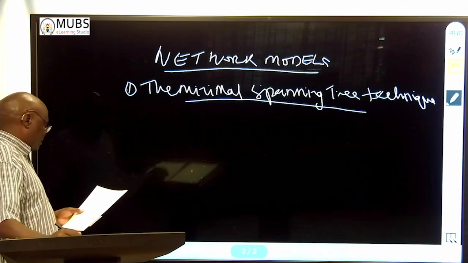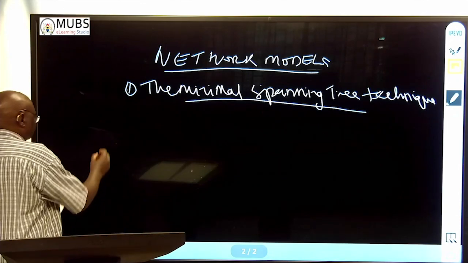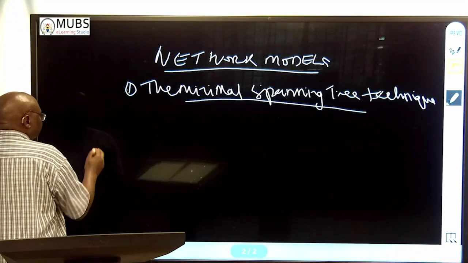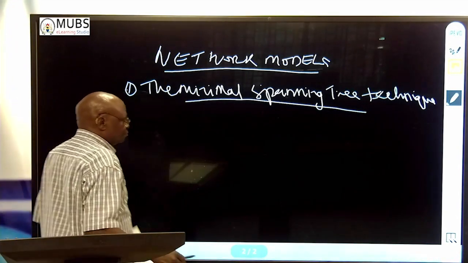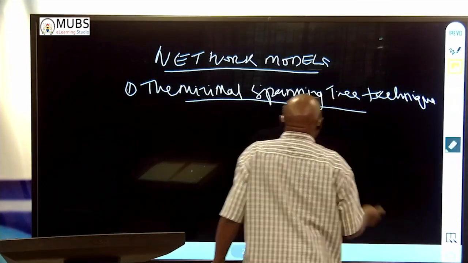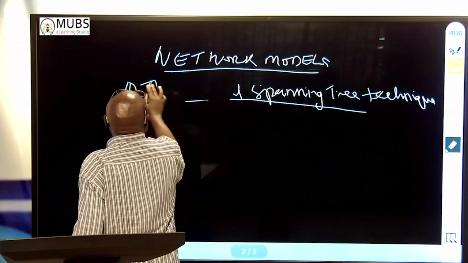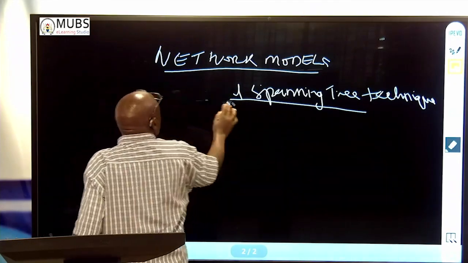So we have these houses, as given in this network.